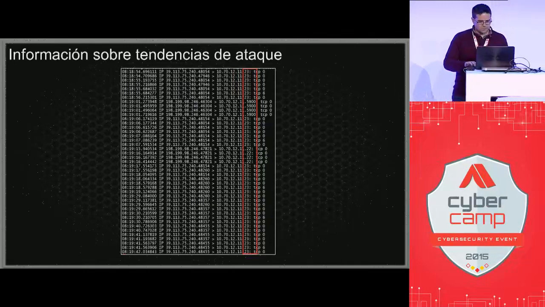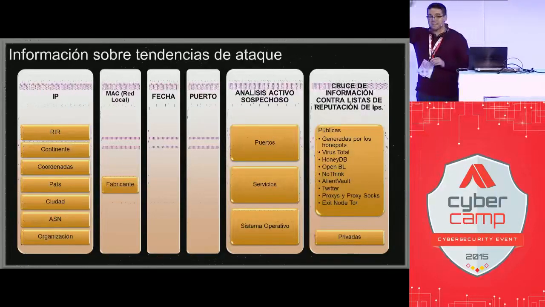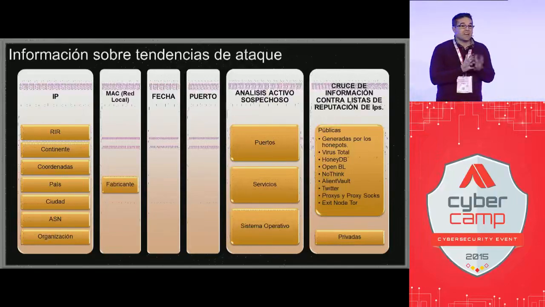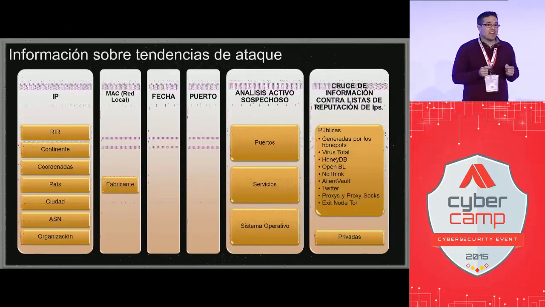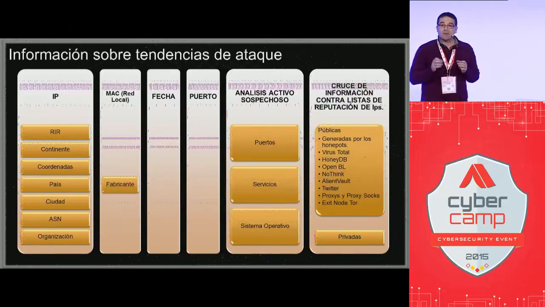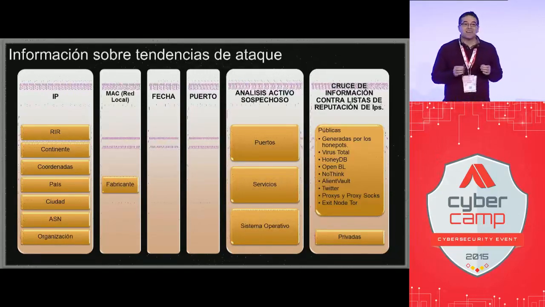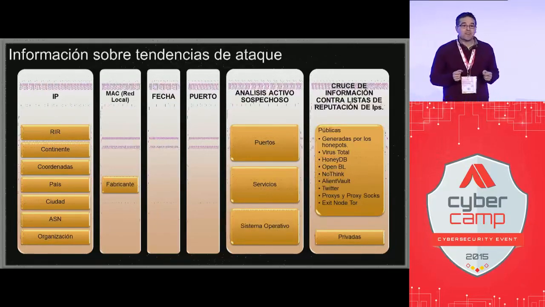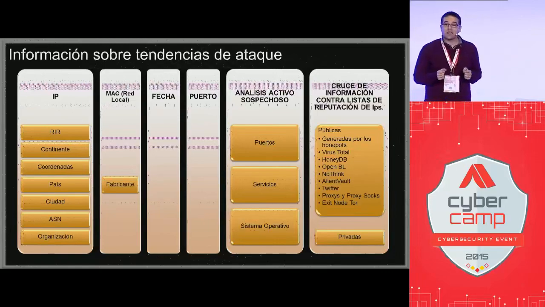So what do we get from here? All that information on the screen. From the IP address, the first thing that we will get is the RIR, then the continent, then the coordinates, more or less precise depending on the database that we use, the country, the city, the ASN, that could be our provider, and the organization.